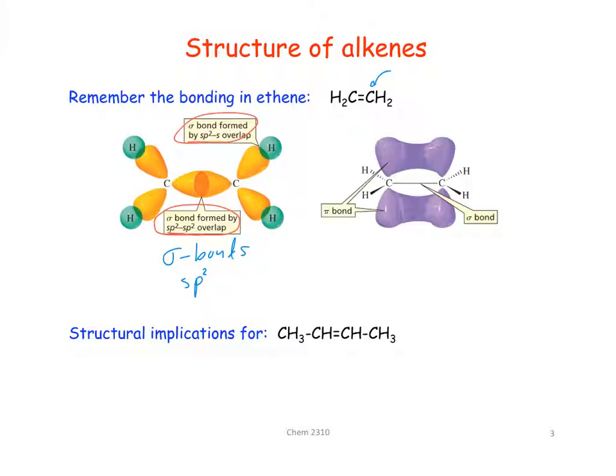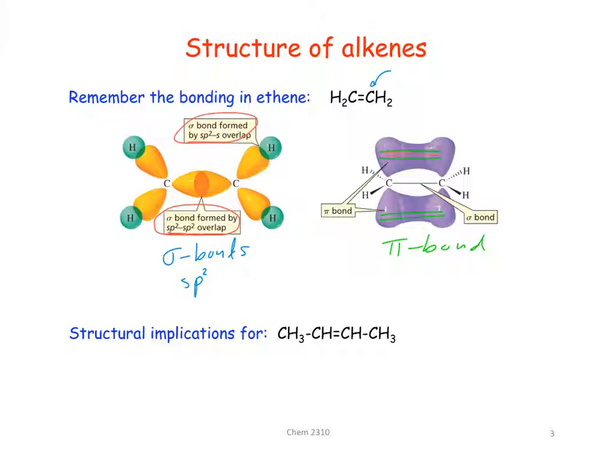So when we have sp2, then we have a remaining p orbital on each of those carbons. And remember that those p orbitals can overlap side to side like this, and this is called the pi bond. Remember that the pi bond can only form when those 2 p orbitals are in the same plane as one another.